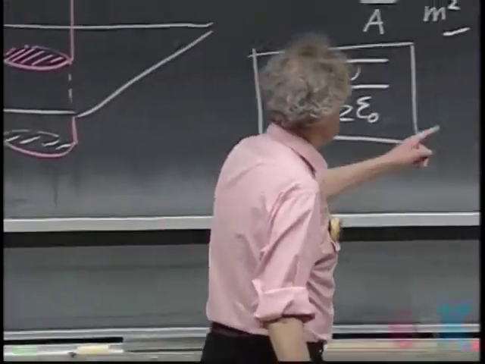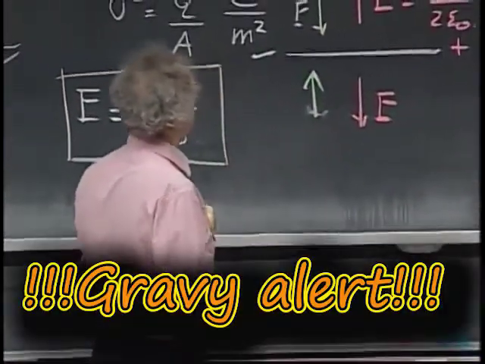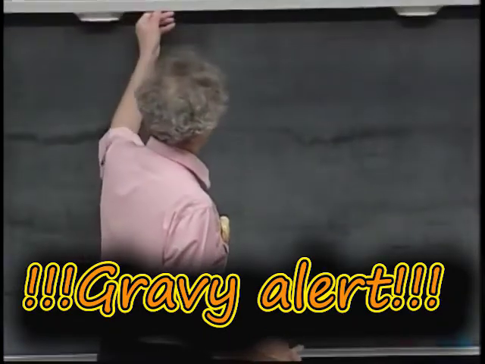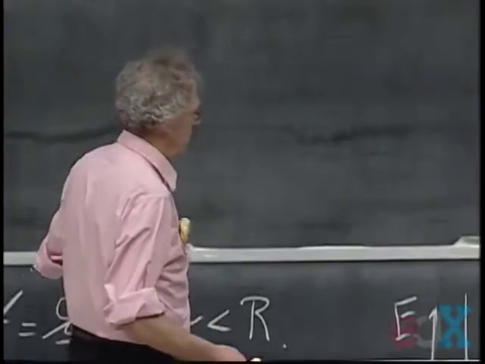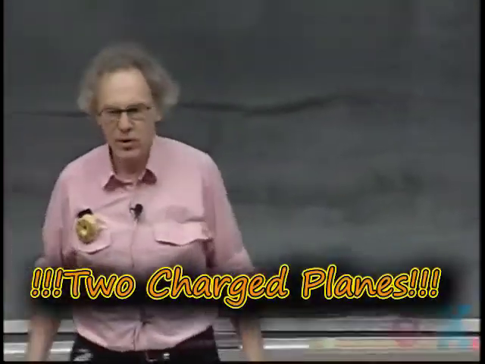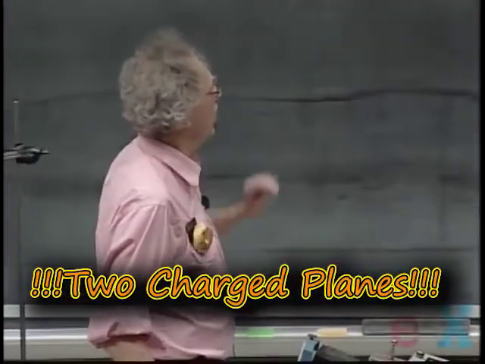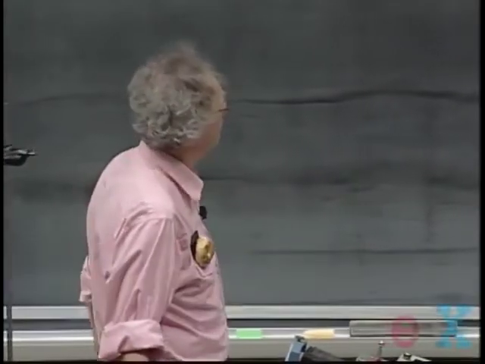So you are going to prove this, and I'm going to use this now to calculate for you a much more complicated configuration of 2 charged planes. But I use that result. That's very important.